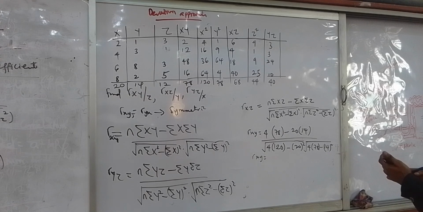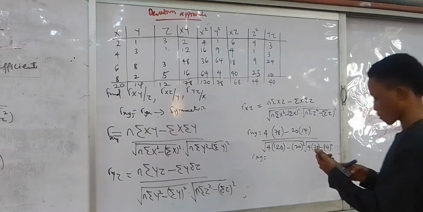Let's do one by one. 4 into bracket 78 minus 20 into bracket 14.